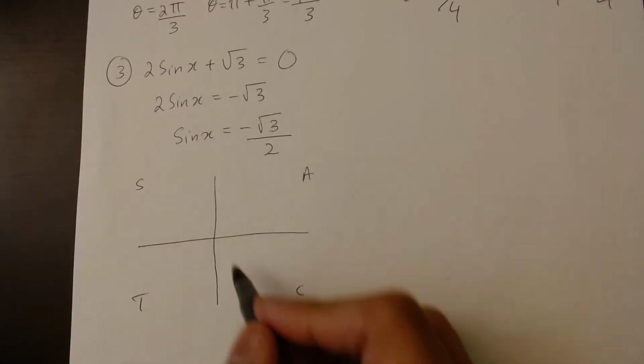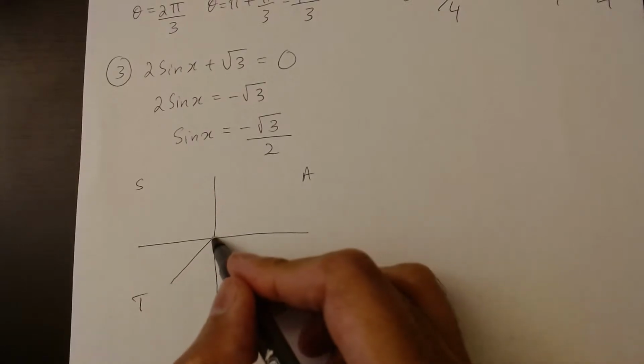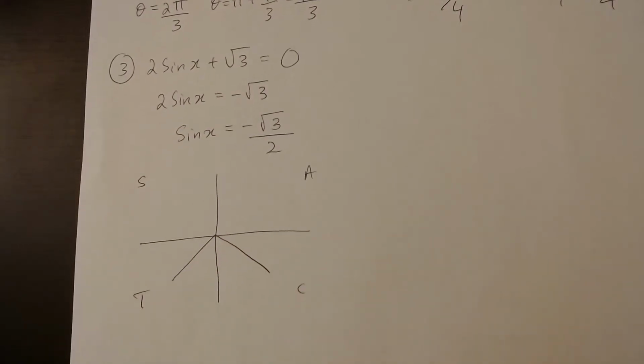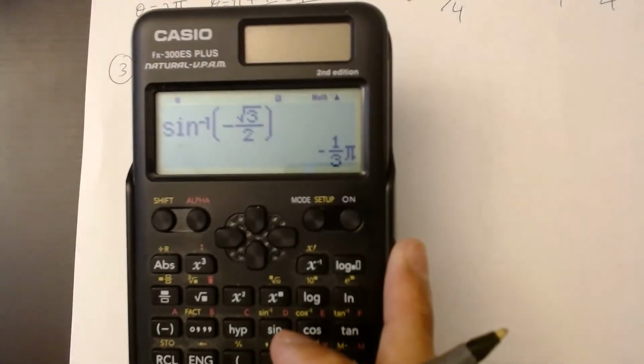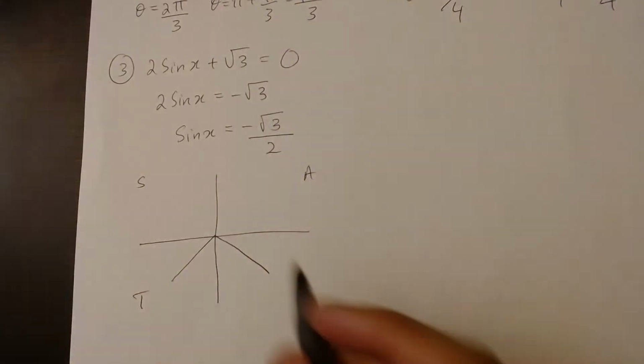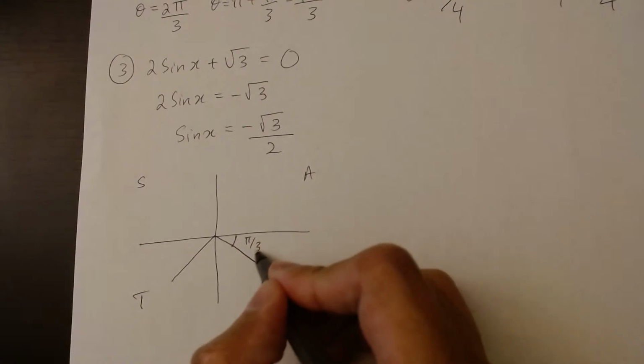And I know that sine is negative in the bottom two quadrants. So now I'll do the sine inverse of negative root 3 over 2. And I get negative pi over 3 in my calculator. That's just giving me my related acute angle, which is pi over 3.